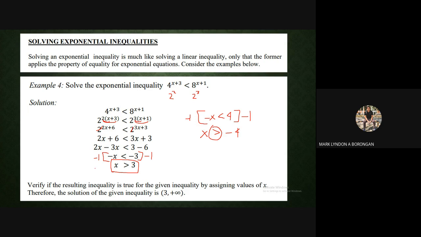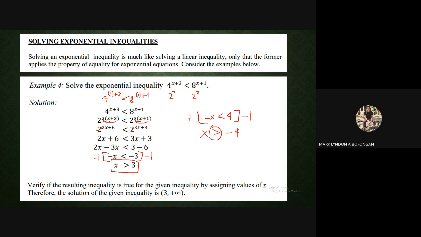So we verify if the resulting inequality is true for the given inequality by assigning values for x. Let's say for example we assign a value of 1: 4 to the power of 1 plus 3, and then 8 to the power of 1 plus 1.